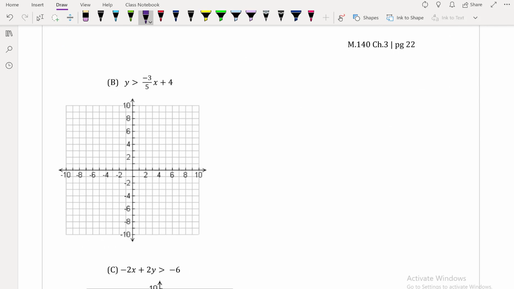So here's another example. I'm referring to y equals mx plus b to identify what the values are. So here 4 is equal to my b. So my y-intercept is 0, 4. That's going to be my starting point. I also have my slope. That's the number in front of the x. So that's negative 3 over 5.